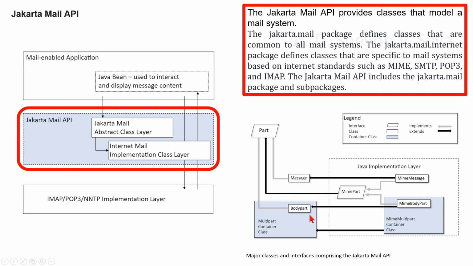It does not declare attributes that set from, to, subject, reply to, or other address header fields as a message object does. A body part object is intended to be inserted into a multi-part container, later accessed via a multi-part message.